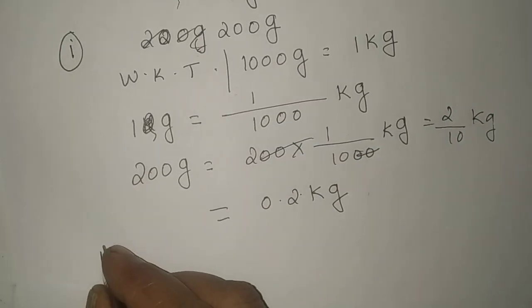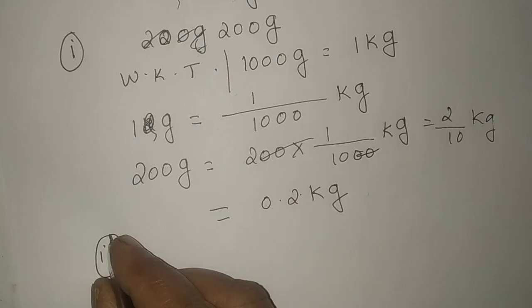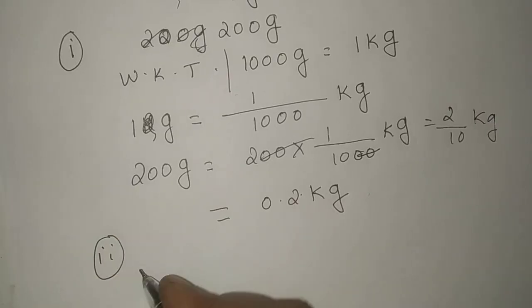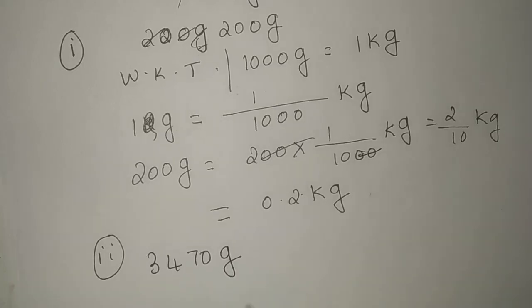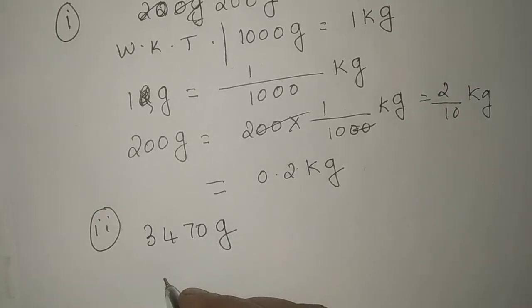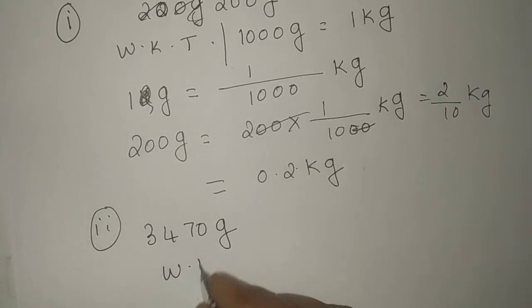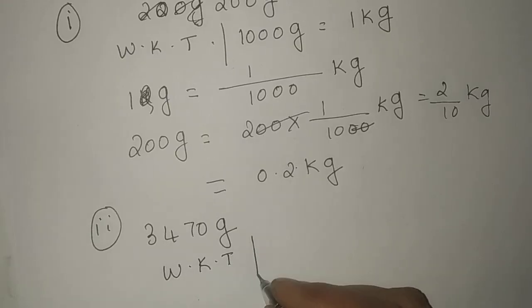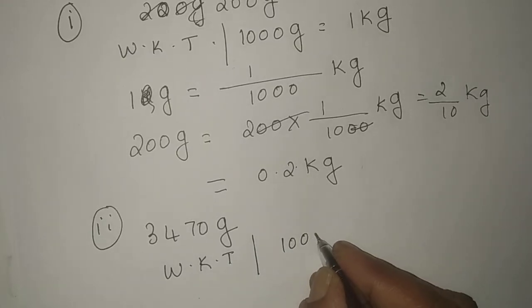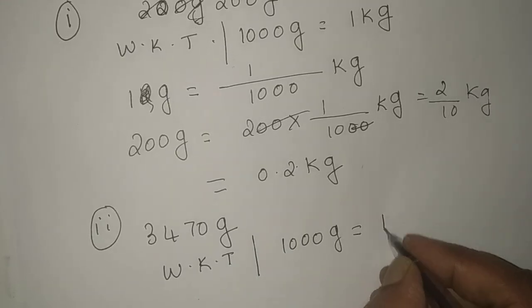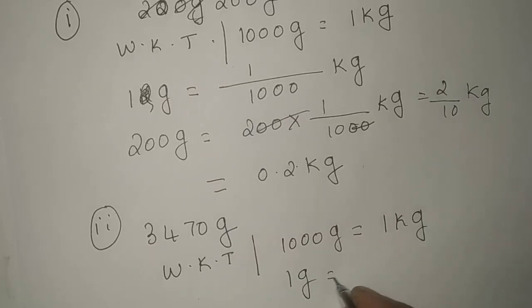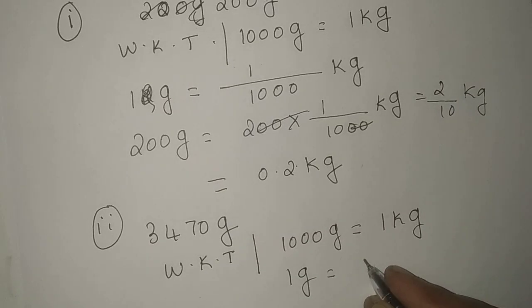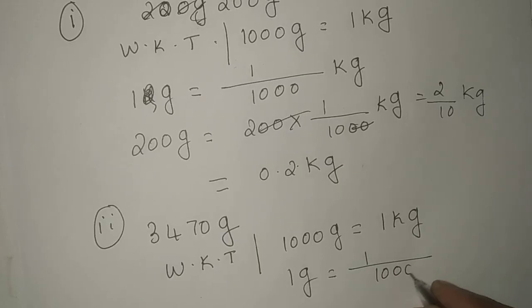Now the second one, 3470 grams. Similarly, we know that 1000 grams is equal to 1 kg. Therefore 1 gram is equal to 1 by 1000 kg.